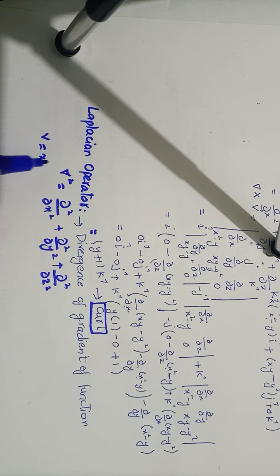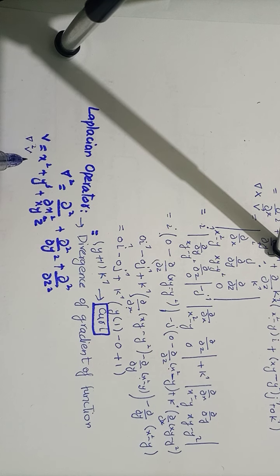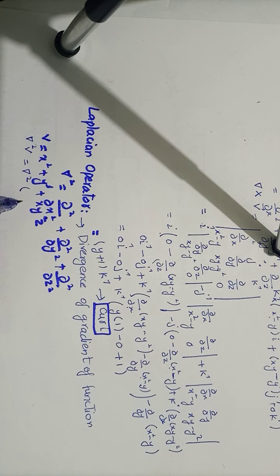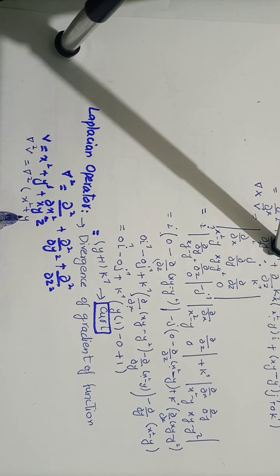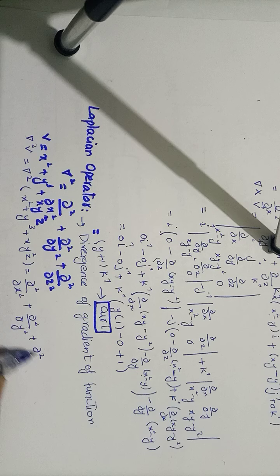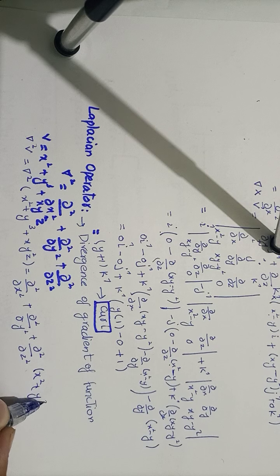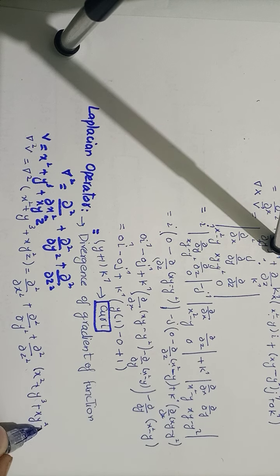When we apply the Laplacian operator on it, nabla square v, we put in the value of nabla square: partial square over partial x square plus partial square over partial y square plus partial square over partial z square, multiplied by x square plus y cube plus x y square z.